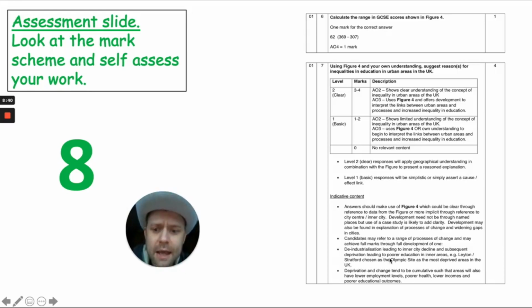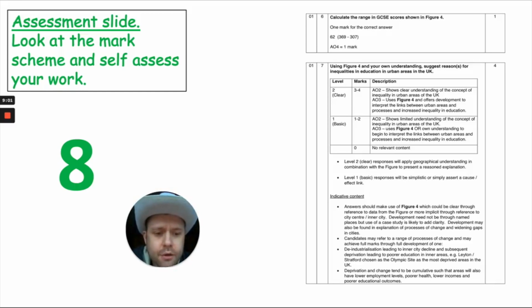In Birmingham, in Ladywood, lower aspirations, higher school absence, more children are absent from school, and in the most deprived areas, the parents generally haven't got the money to fill the gap with private tuition.